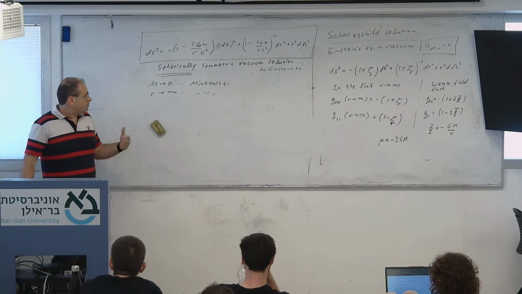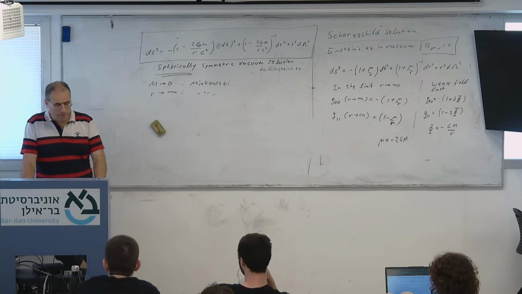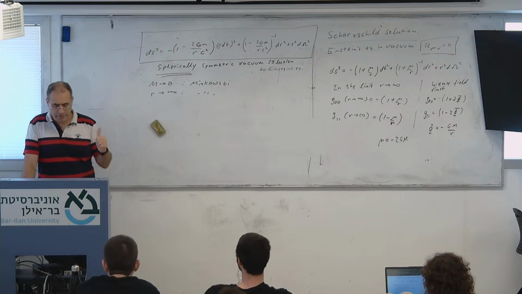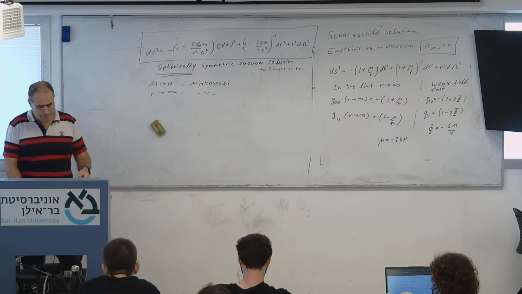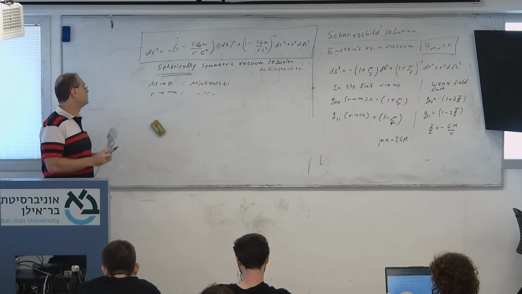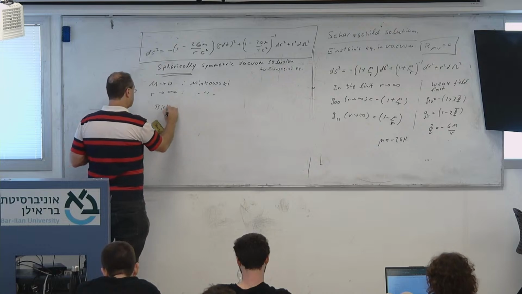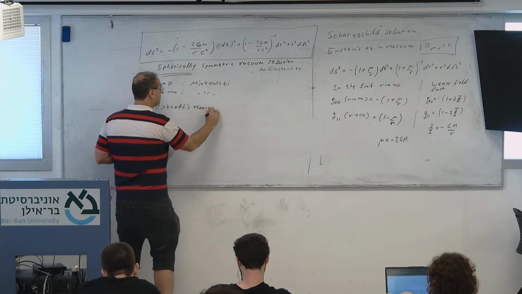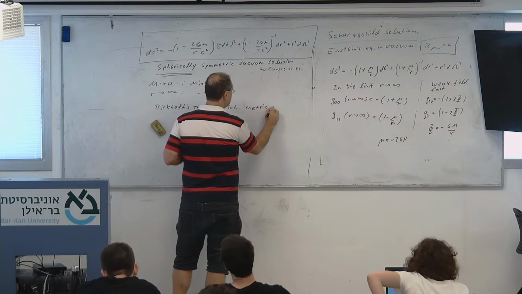Now, there is a theorem, I mentioned that to you last time, a uniqueness theorem, saying this is the only spherically symmetric solution in vacuum, and the theorem is known as Birkhoff's theorem. So, Birkhoff's theorem says that the Schwarzschild metric is unique.